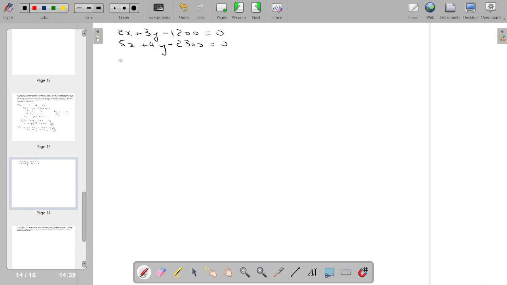These two are the equations. Apply the cross multiplication method. 3 and 4 are the coefficients of y, minus 1200 and minus 2300 are the constants, and it is equal to minus y. 2 and 5 are the coefficients of x, minus 1200 and minus 2300 are the constants, is equal to 1.